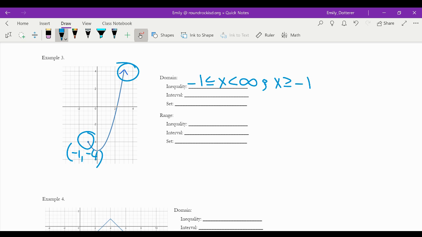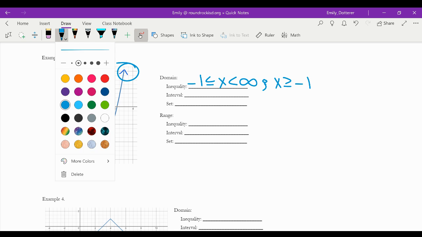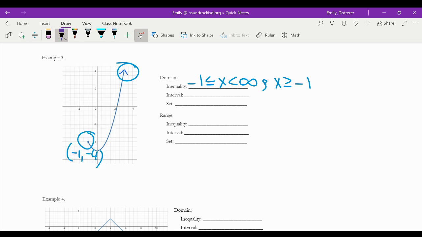Either way would be perfectly fine. But we can only do that when just one of the ends goes to infinity. Otherwise, we have to do the one with the most symbols there on the left. This one.